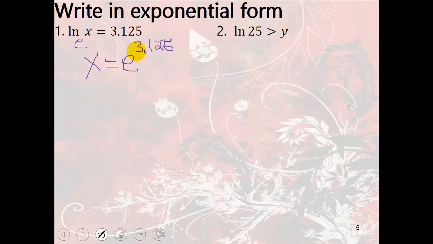It's all the same places. Okay. Number 2, the natural log base e of the input 25 is greater than y, so we know that my input 25 has to be greater than my base e raised to the y power. Okay, that would be how you would exponentiate it.